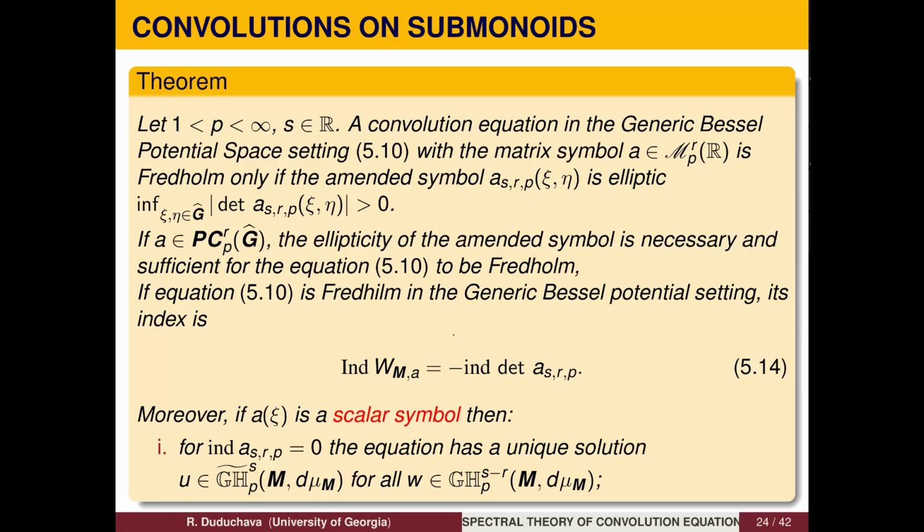Moreover, if the symbol is scalar, I don't want now to speak about factorization, so I will consider the scalar case only. I mean, when we have one equation, not the system, but one equation. Then, if the index is zero, the equation has a unique solution in the setting which we formulated.